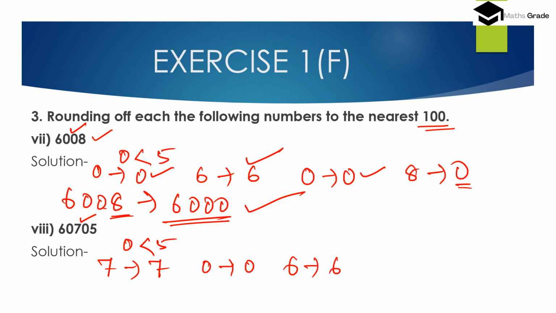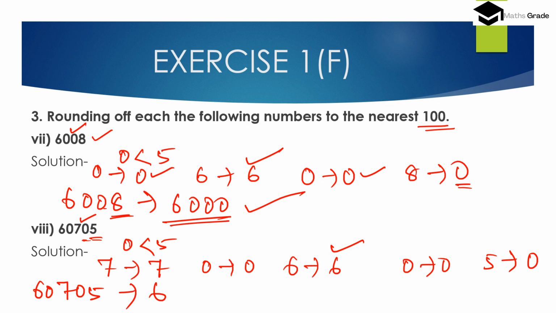And this tens place digit 0 changes to 0, and this unit place digit 5 changes to 0. Now 60,705 rounded to the nearest hundred will be 6, 0, 7, just write down 7 only, and 0, 0, and this 5 changes to 0.